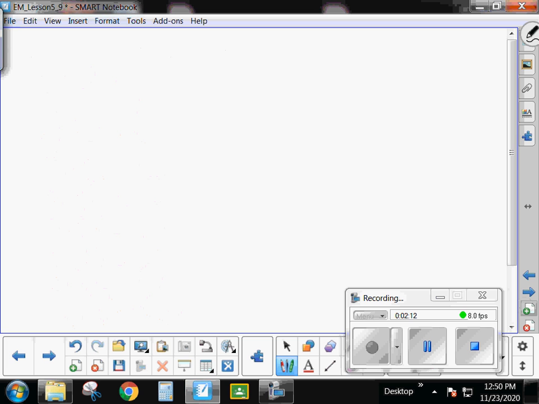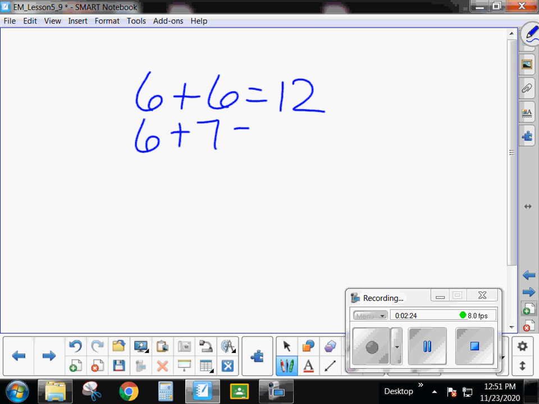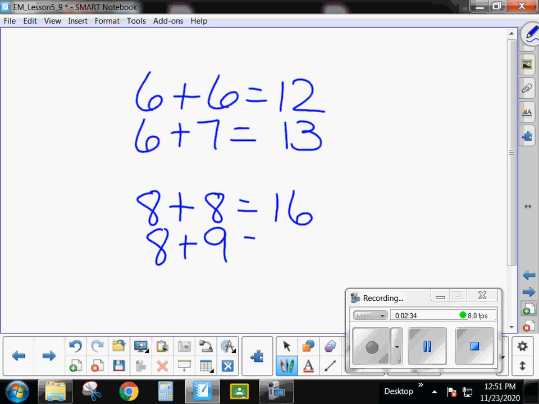Now, let's look at when we were doing this with addition. Let's say that you knew what 6 plus 6 was. You know that 6 plus 6 is 12. Then your teacher had you use that fact to help you do 6 plus 7. And you know that the answer is just one more. Or if you knew what 8 plus 8 was, then you should know what 8 plus 9 is because, again, it's just one more.